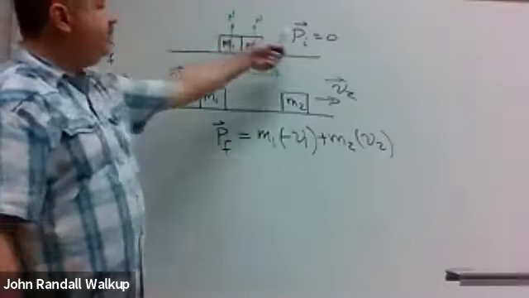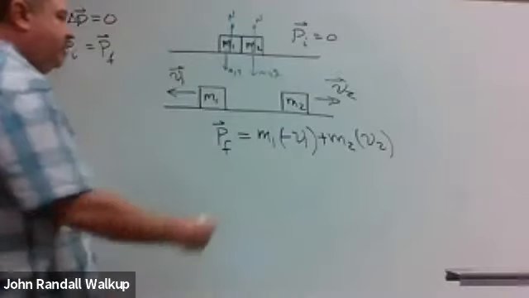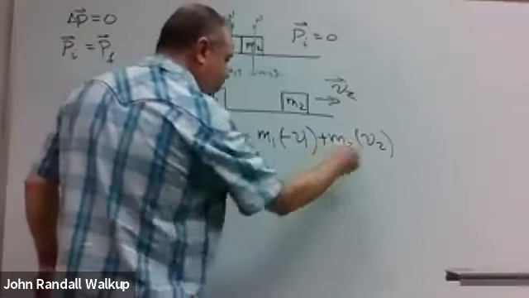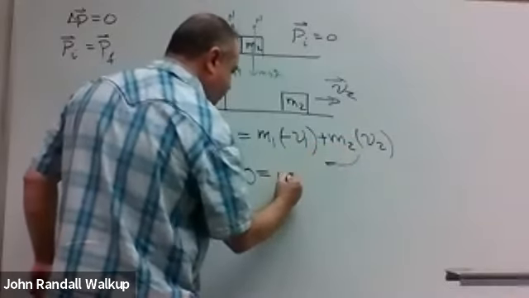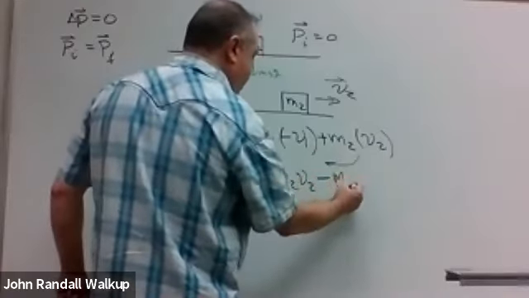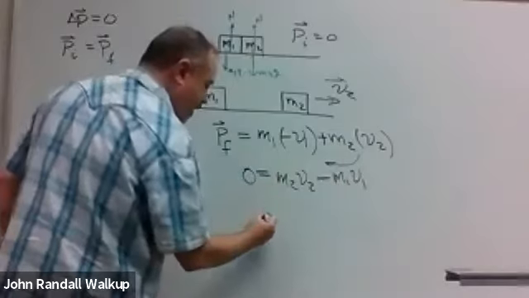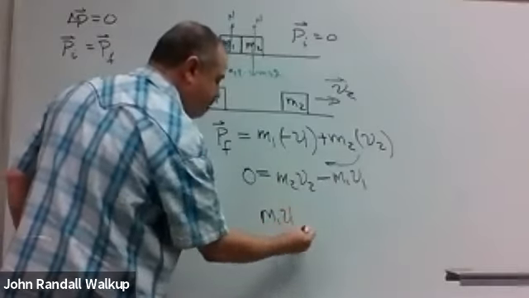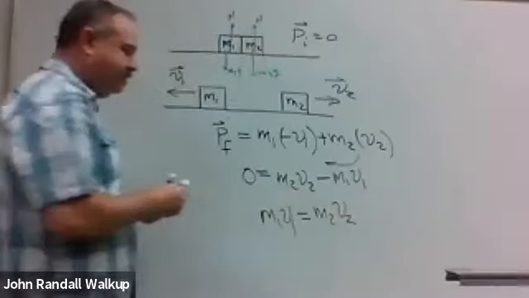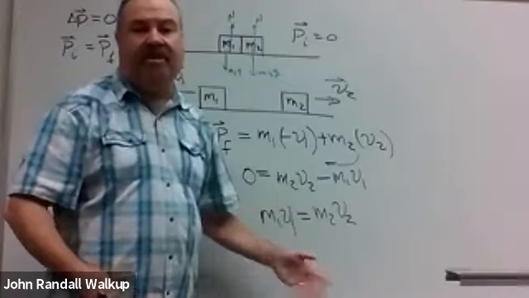According to momentum conservation, 0 is equal to, I'll switch the order here, M2 V2 minus M1 V1. And then I can bring this to this side, and I get M1 V1 is M2 V2. Therefore, if I know 3 of these, I can calculate the 4th.